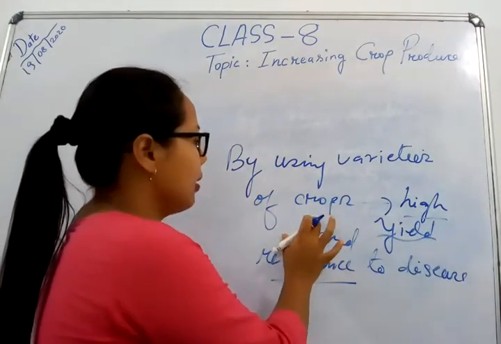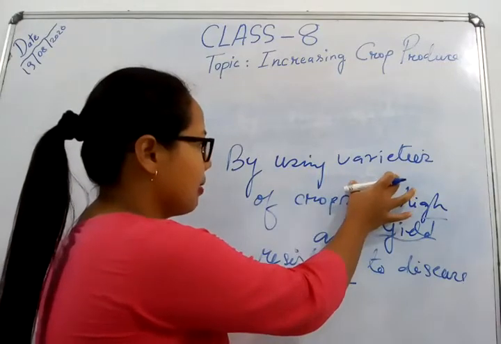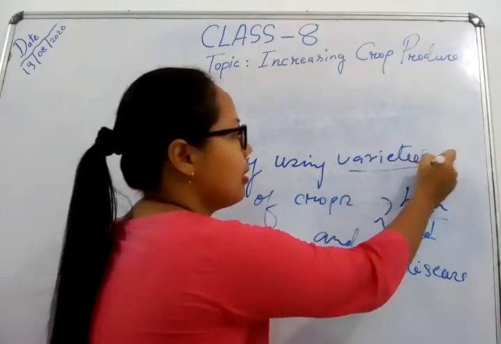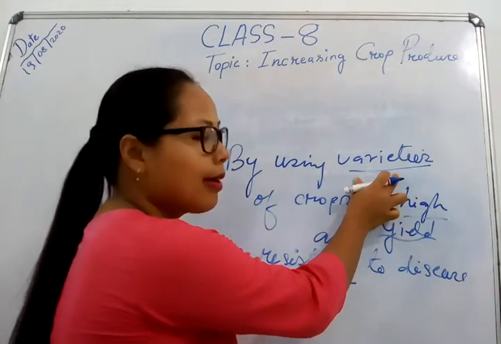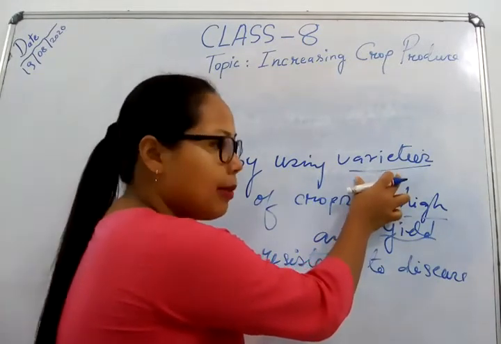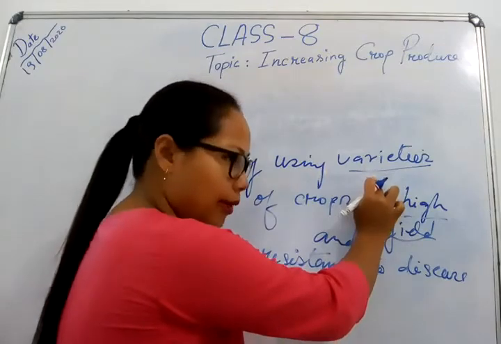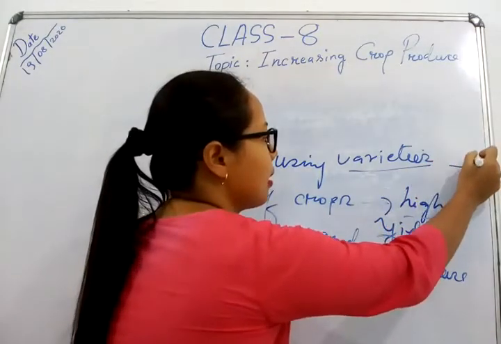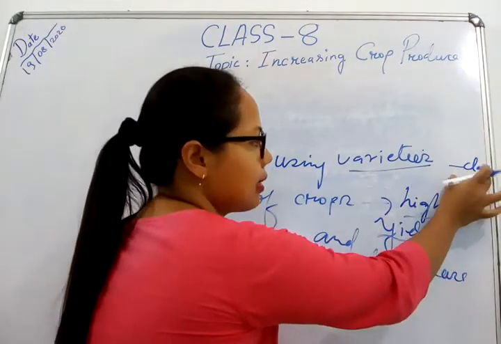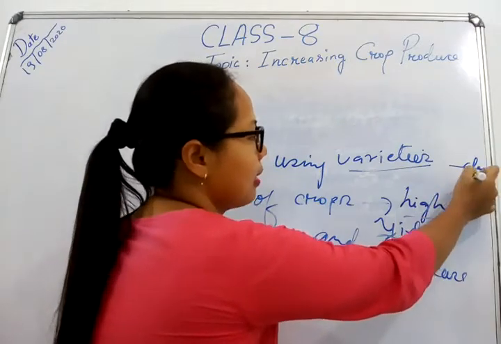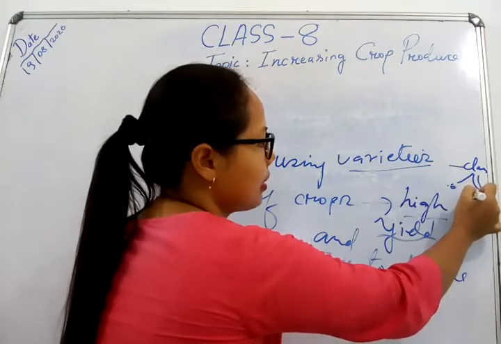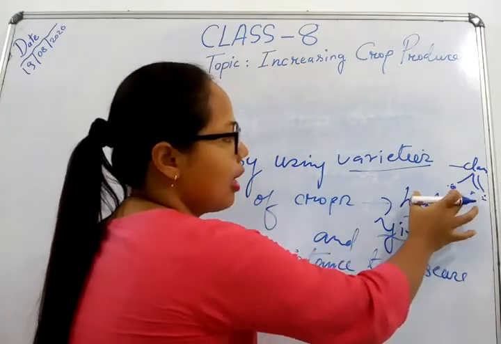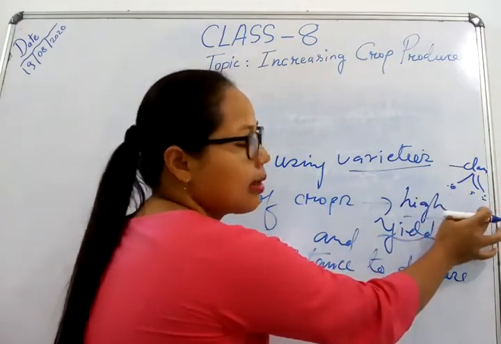They use certain varieties. What are varieties? For example, take one crop, rice. The rice family falls in one class, but some rice differ. Suppose this is one type of rice and this is another type, but they differ in some way.